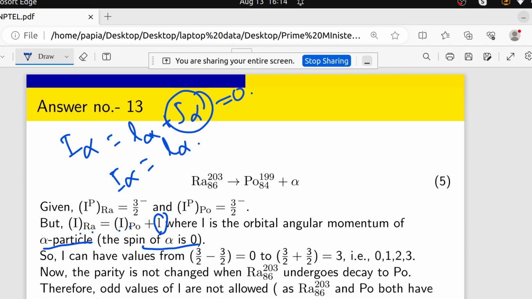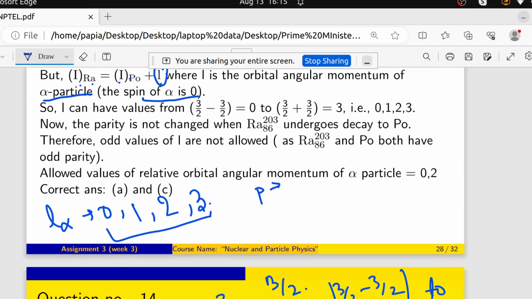Now I of RA equals I of PO plus I of alpha. Then L of alpha is I of RA minus I of PO. So this is the vector addition of these two total angular momenta, 3 by 2, 3 by 2. That's why we are writing mod of 3 by 2 minus 3 by 2 to mod of 3 by 2 plus 3 by 2 in steps of 1.